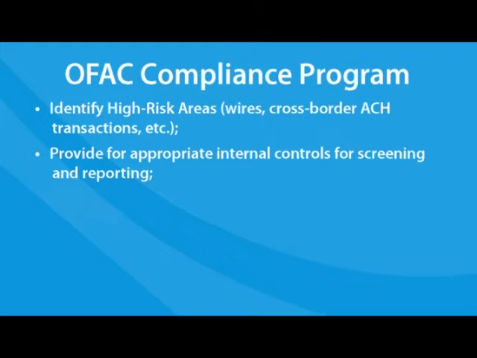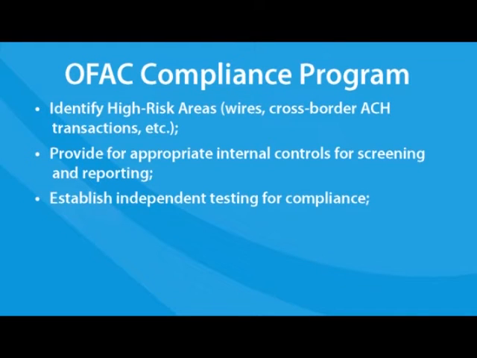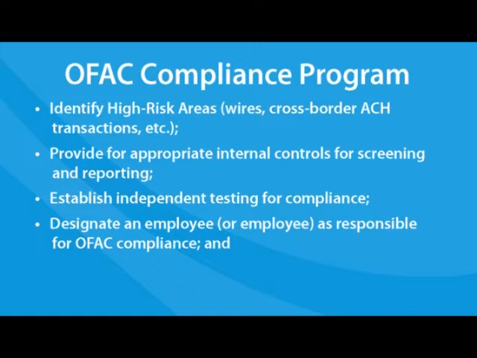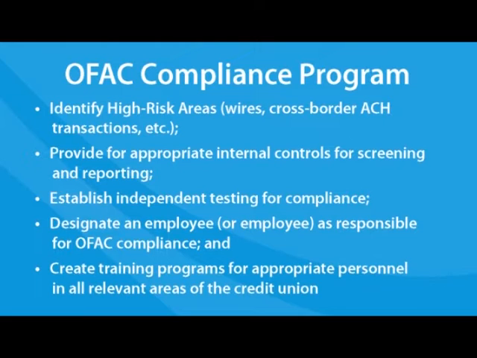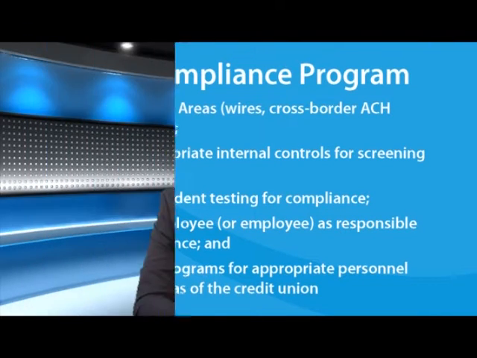Provide for appropriate internal controls for screening and reporting. Establish independent testing for compliance. Designate an employee or employees as responsible for OFAC compliance, and create training programs for appropriate personnel in all relevant areas of the credit union.